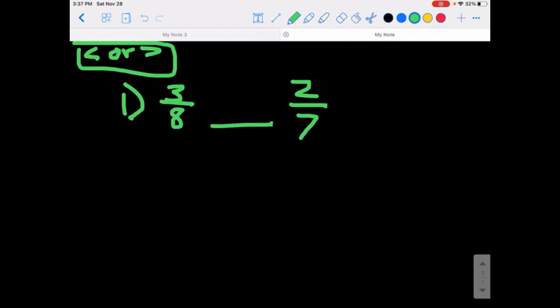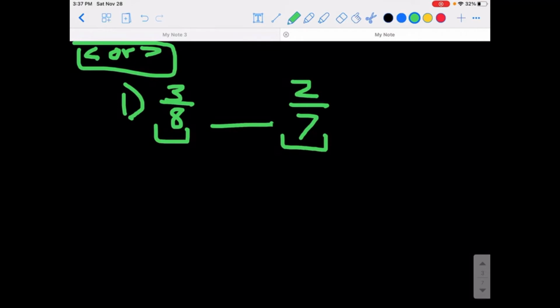We did this earlier when adding fractions: you have to make sure they have the same denominator. Same thing applies while comparing them. I can't compare these two because they have different denominators and the numerators are also different. So I have to convert them to the same denominator. This way, I can actually compare them.